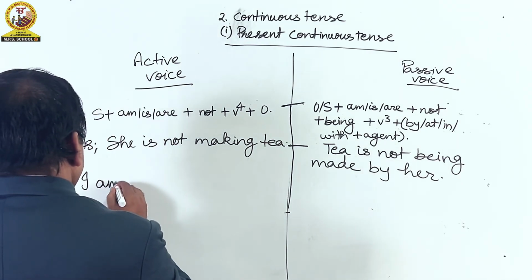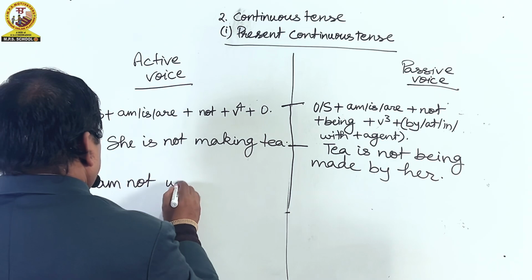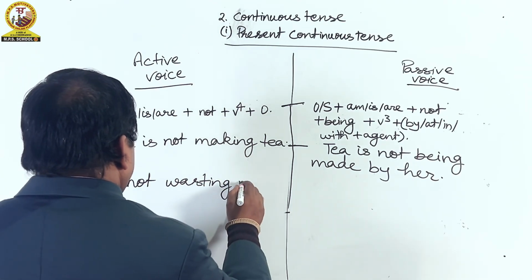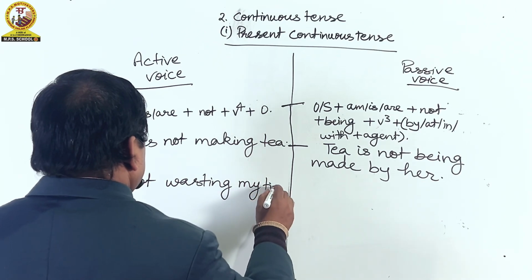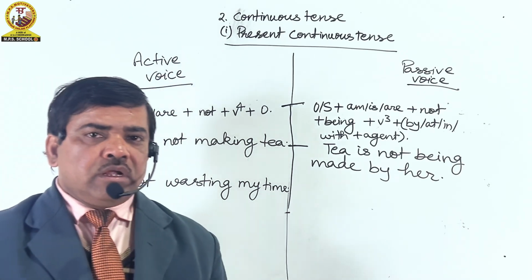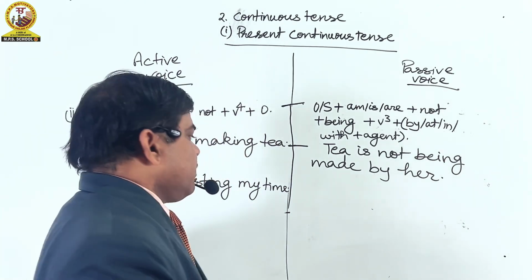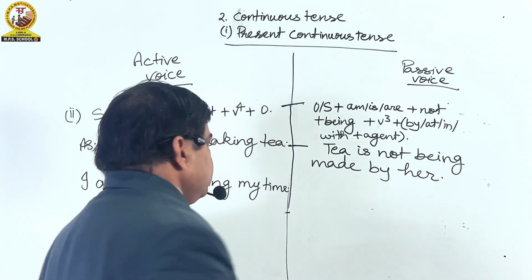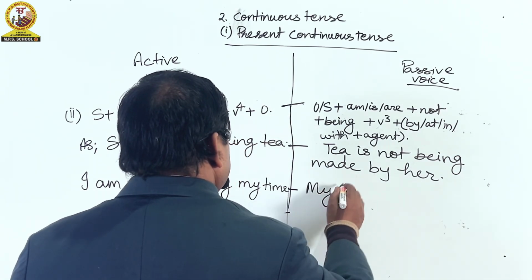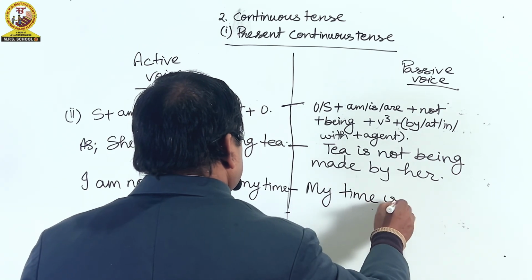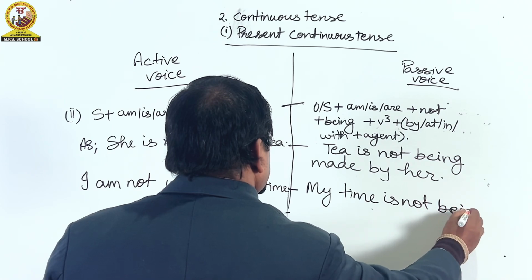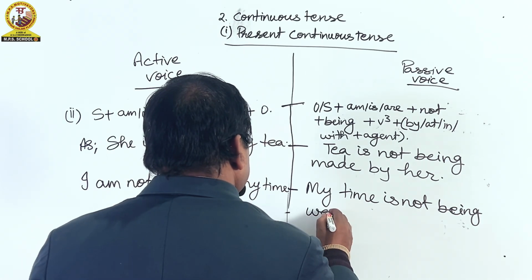I am not wasting my time. I am not wasting my time. मैं अपना समय नहीं बर्बाद कर रहा हूं या मैं अपना समय बर्बाद नहीं कर रहा हूं। Its passive voice will be: my time is not being wasted.